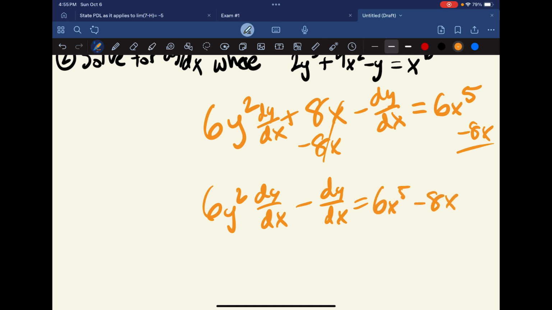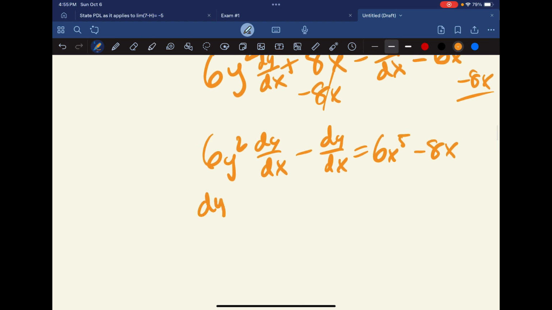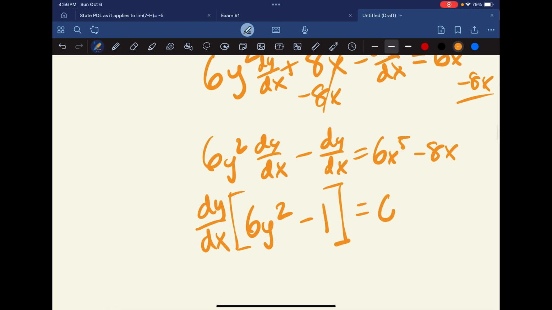And what that does is it gets us all of our dy dx terms on one side of the equal sign. And that's good because now we can factor out a dy dx from these two terms. So this is now dy dx all times 6y squared minus 1, because we factored out a dy dx. And then that equals 6x to the 5th minus 8x.